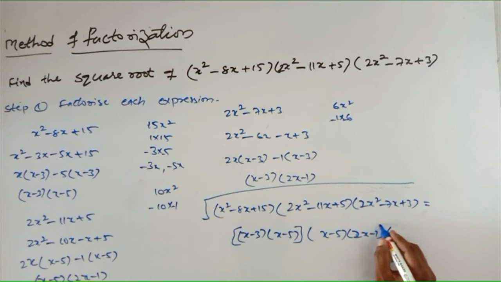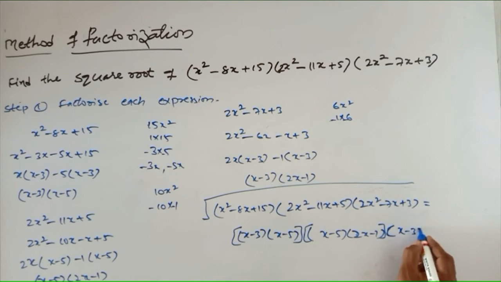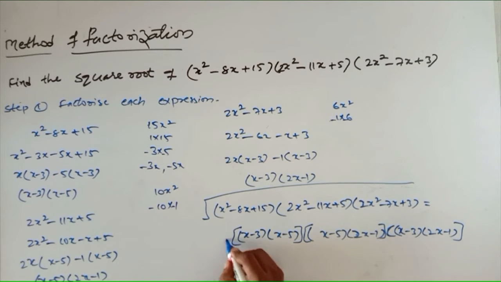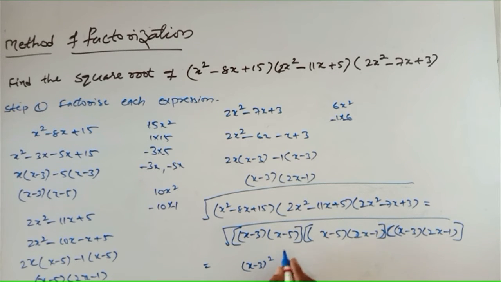And the last one is x minus 3 into 2x minus 1, under root. So here x minus 3 whole square, x minus 5 whole square, and 2x minus 1 whole square.